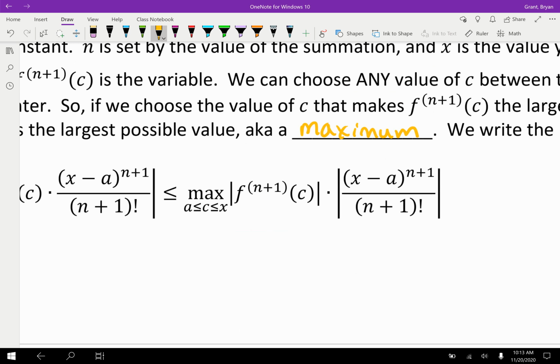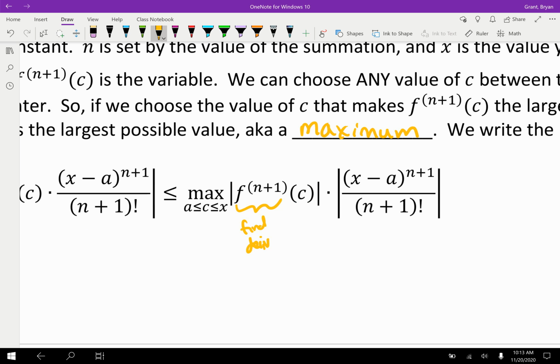So what is this max saying? It's saying you need to find the derivative. And then you need to figure out what's the largest answer you can get out of this derivative for some value C. Well, that's pretty vague because if you can plug in any number you want into the derivative, then won't it just be infinitely large?